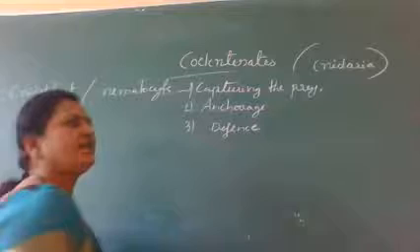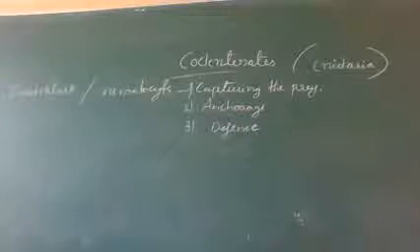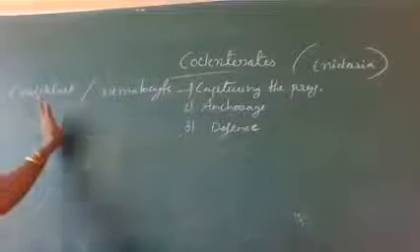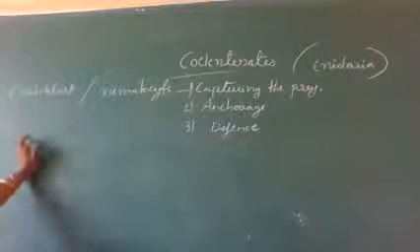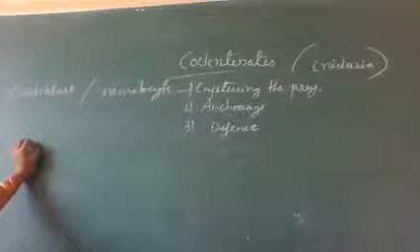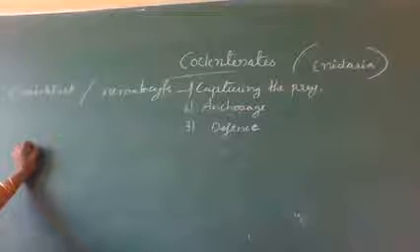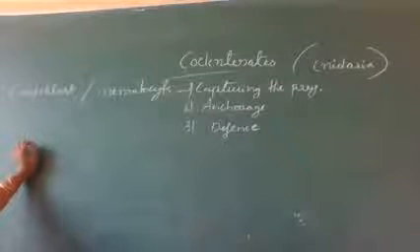That means they give protection. So these are the major functions performed by the cnidoblasts or nematocytes present in the coelenterates. Because of the presence of these characteristic cells, these coelenterates are also called cnidarians.